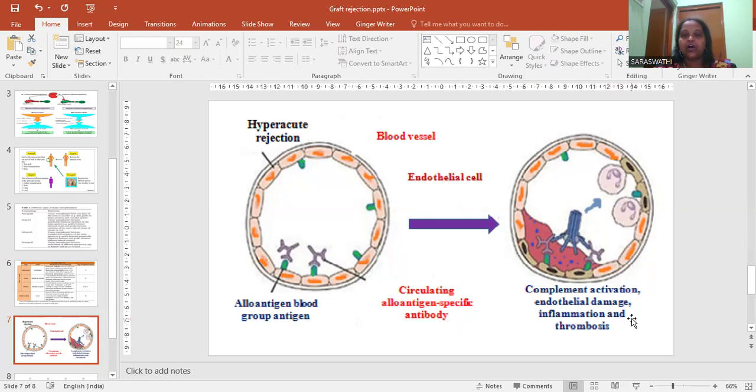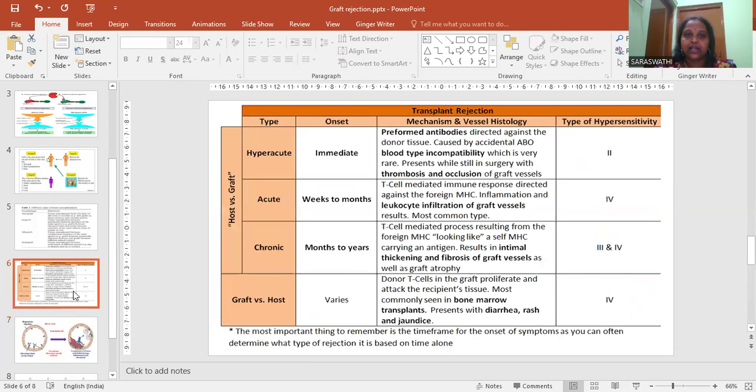Finally it leads to organ failure, otherwise complete graft rejection. This is one example I just explained with hyperacute rejection. Like that, chronic and acute rejection occur through activation of either the complement system or hypersensitivity reactions.